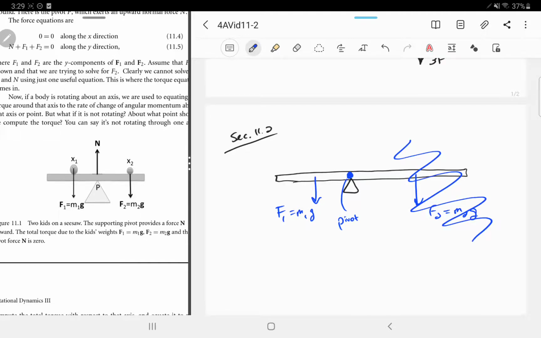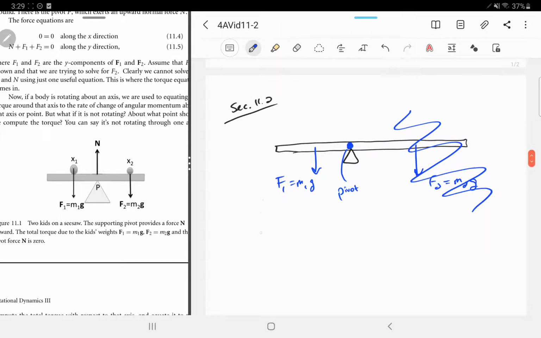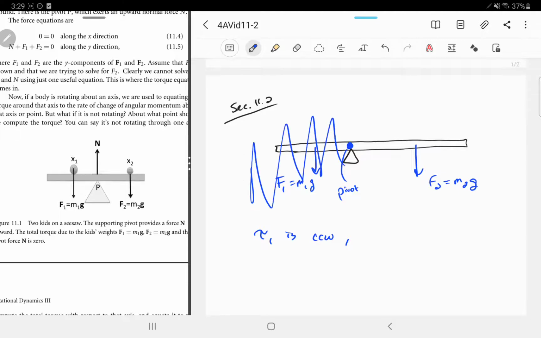Looking at the pivot point, F1 is going to tend to rotate the rod in the counterclockwise direction. So that's a counterclockwise torque. Tau 1 is counterclockwise. And then if we ignore F1 and just look at F2, it produces a clockwise torque. Tau 2 is clockwise.